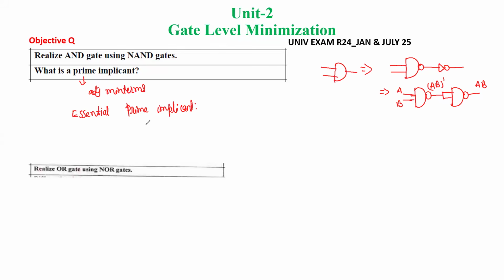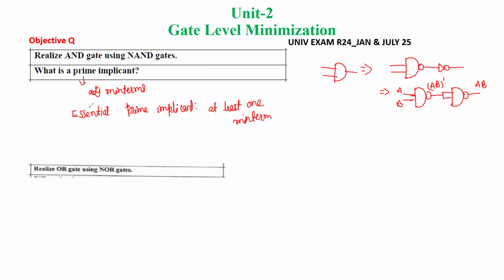An essential prime implicant should have at least one min term that cannot be shared in any other combination. That is called the essential prime implicant. But in case of simple prime implicants, those min terms can be shared with other combinations. That is the difference.